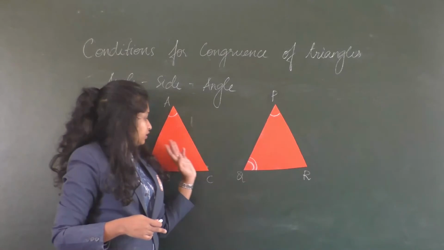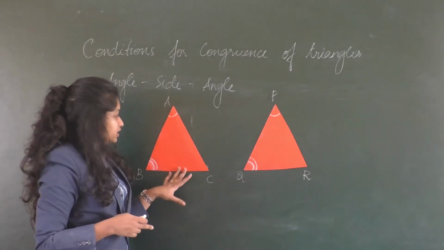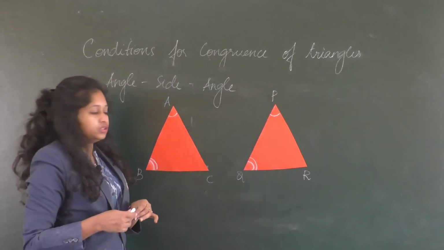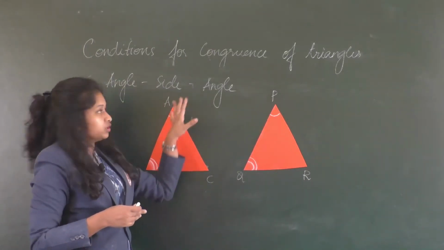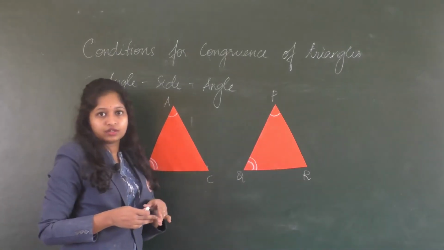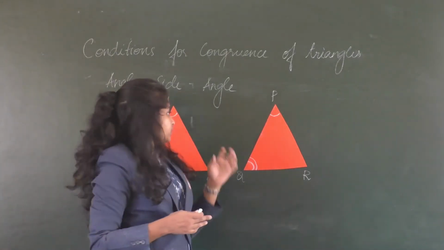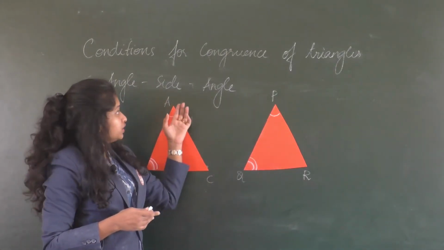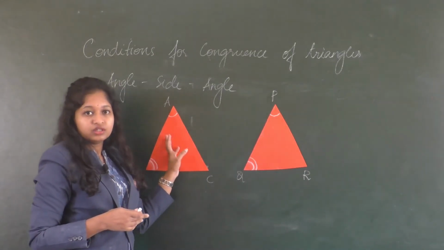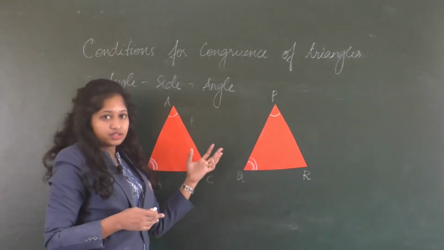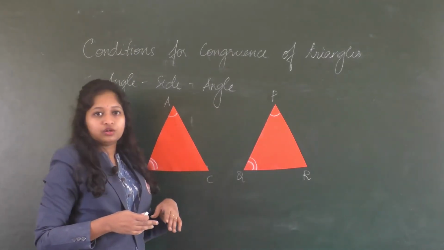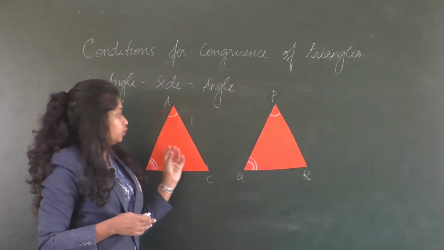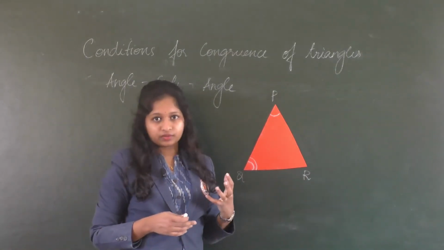Okay. Here I have two triangles, triangle ABC and triangle PQR. Here for ASA congruence, when two angles and included side of one triangle is corresponding to angles and corresponding side of the other triangle, then we can conclude that both the triangles are congruent.